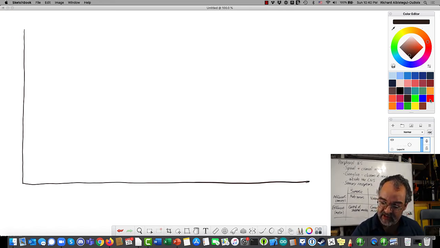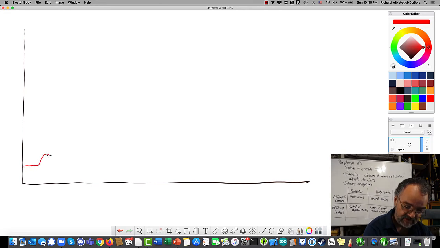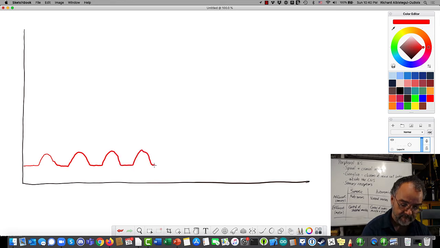But what I'm going to do here is have you imagine that we have multiple muscle fibers. Actually, it would be multiple motor units, but we'll represent each motor unit as one thing on this graph. So you could imagine that we have, say, the red motor unit. And we're going to stimulate it so it twitches, twitches, twitches, twitches, like so.